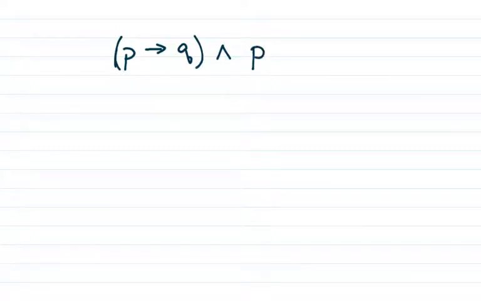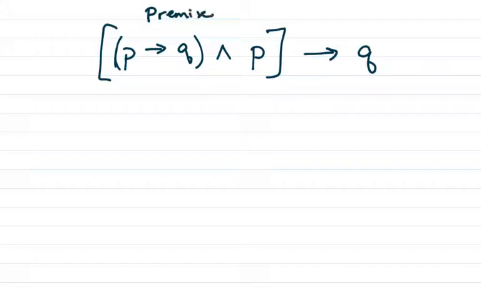And then this is essentially our antecedent to a conditional statement. So this is our premise 1 and premise 2. And we're saying if these two things, then is our conclusion true?